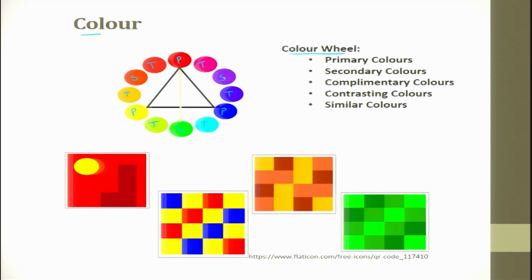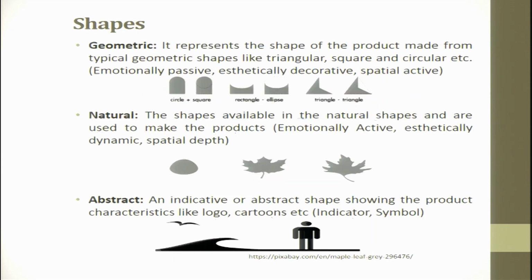Opposite ones are complementary colors, and you can have contrasting colors and similar colors. So, a color wheel is created and you have to look at the choices from the color wheel, take the color to the required drawing you have and then start deciding.